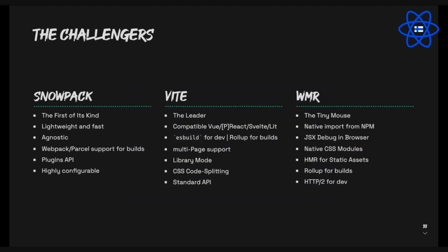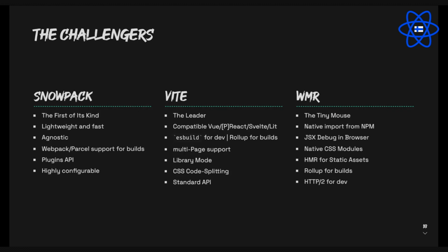So the current challengers about that are three main projects, probably a little bit more, but the main ones are Snowpack. This is the first one. It's really lightweight, really fast. It's totally agnostic, so you can use it with any kind of project you want, from a legacy jQuery code base to something really more advanced like a new React application. It will work.